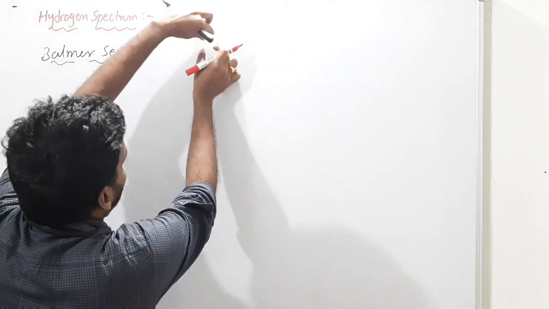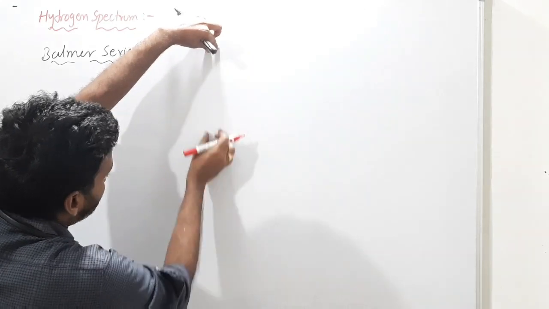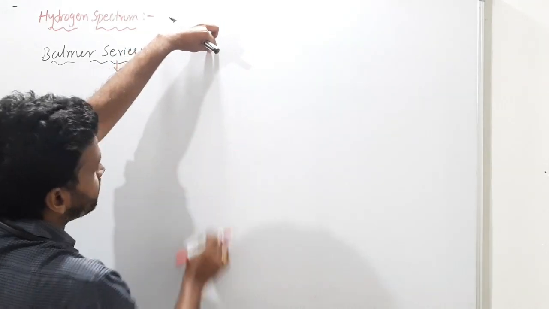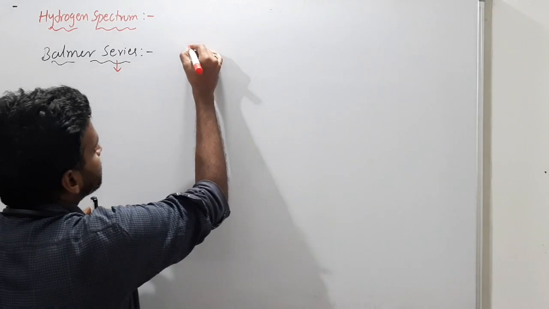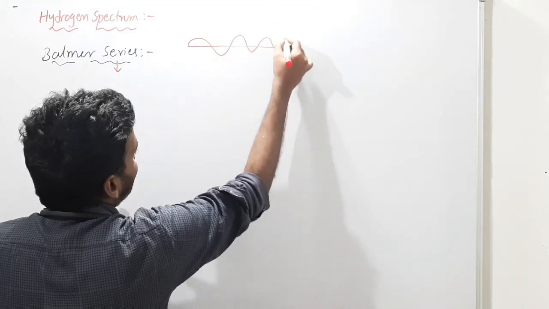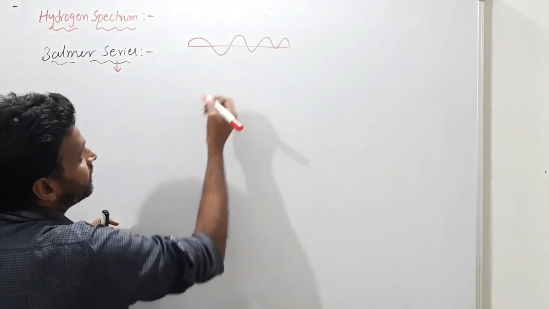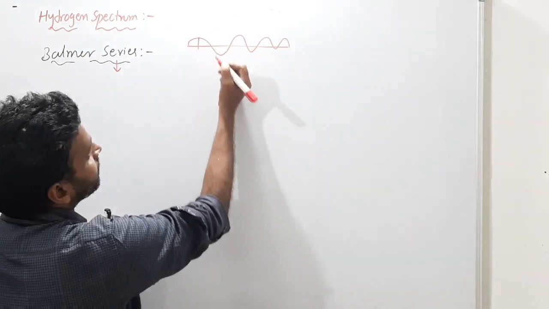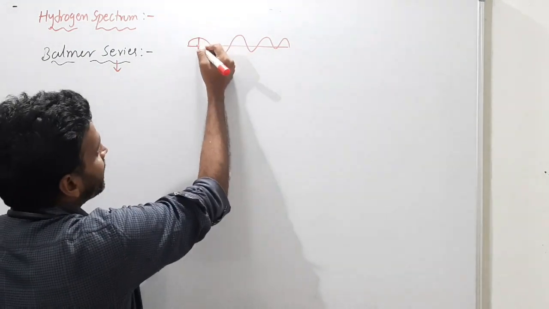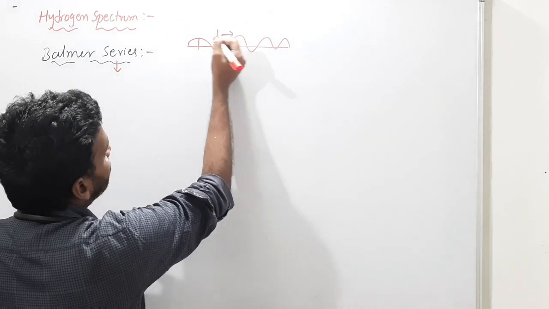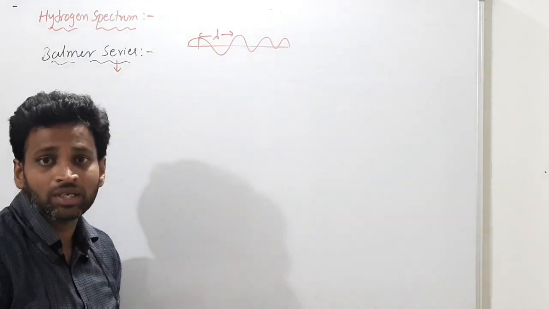As the electron jumps from a higher level to a lower level, that forms a spectral line. A spectral line is something traveling like this. Actually, we represent spectral lines like this, coming like that. But it has a wave number, which means the number of waves. It has an amplitude, a wavelength and a frequency.